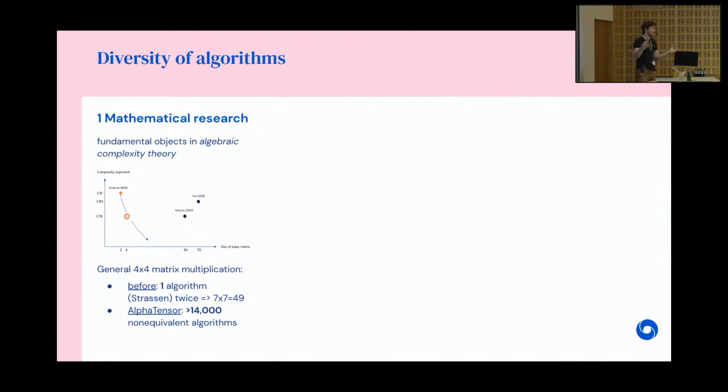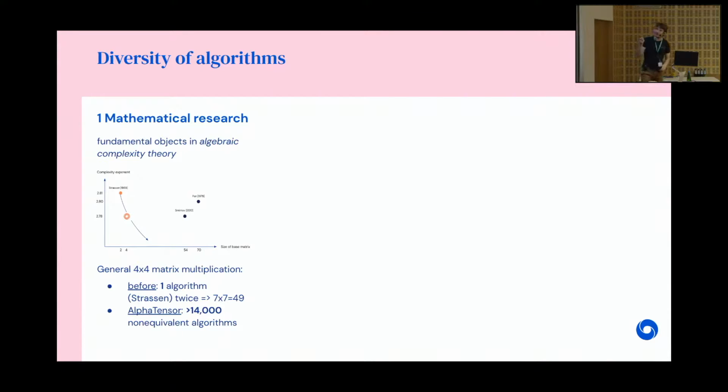And this diversity of algorithms has multiple implications. One is just theoretical. In mathematical research, in particular within algebraic complexity theory, these matrix multiplication algorithms are fundamental objects that are heavily studied. So the fact that we understand a bit better this space of matrix multiplication algorithms is already of interest in itself.